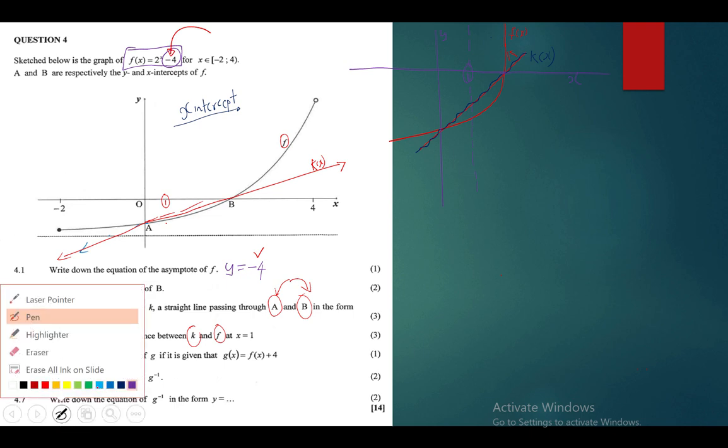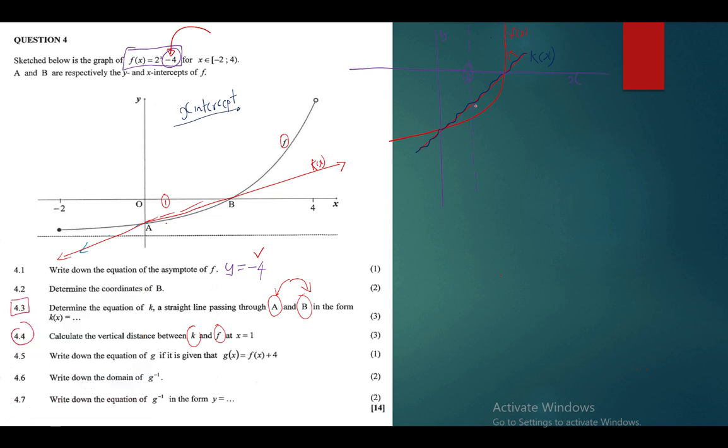That vertical distance, let me show it with a green color. The one on top is your function K, and the one underneath is your function F. Let me just say this is C, this is D. They want to know the distance from C to D, or from D to C.